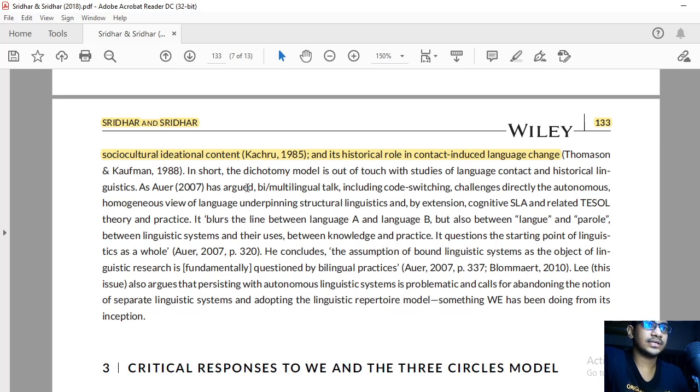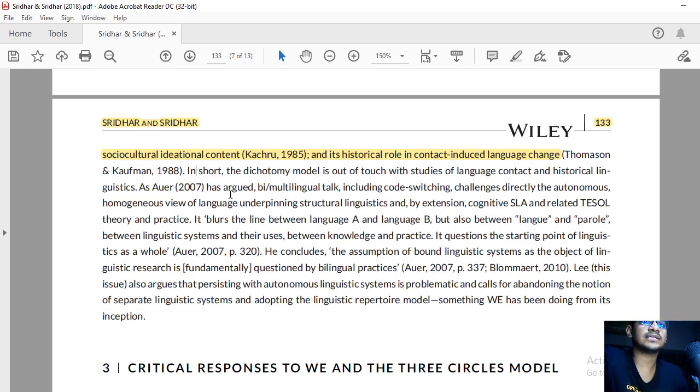In short, the dichotomy model is out of touch with studies of language contact and historical linguistics. As Auer 2007 has argued, bi or multilingual talk, including code switching, challenges directly the autonomous homogeneous view of language underpinning structural linguistics and, by extension, cognitive SLA and related TESOL theory and practice.